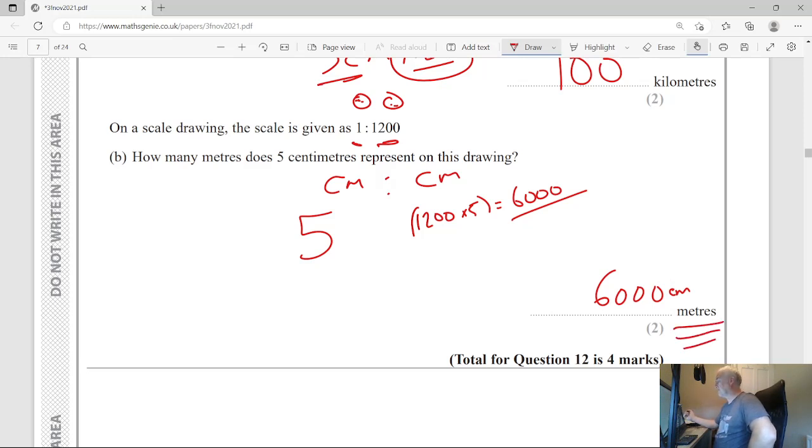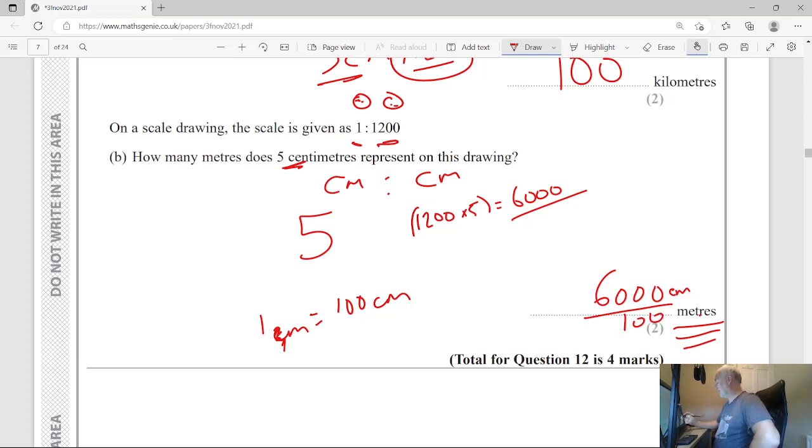Remember, there's another place they're trying to trip you up. We're in centimetres. They want it in metres. So I now need to convert 6,000 centimetres into metres. Remember, 1 metre is equal to 100 centimetres. So I need to divide 6,000 by 100.